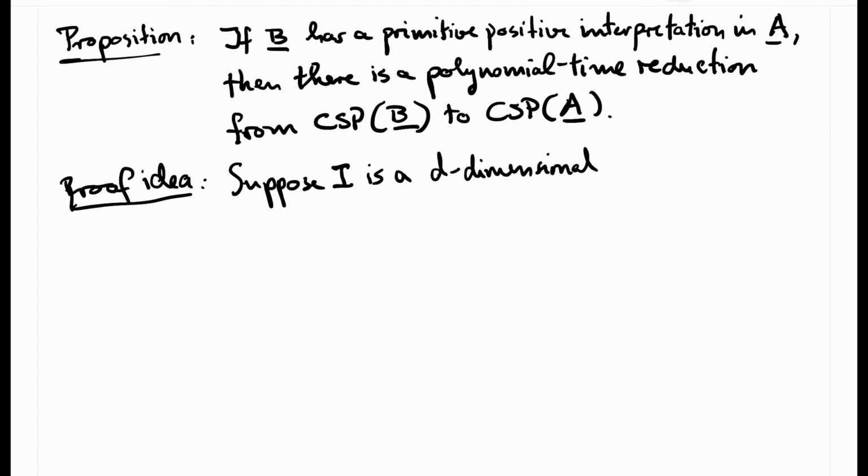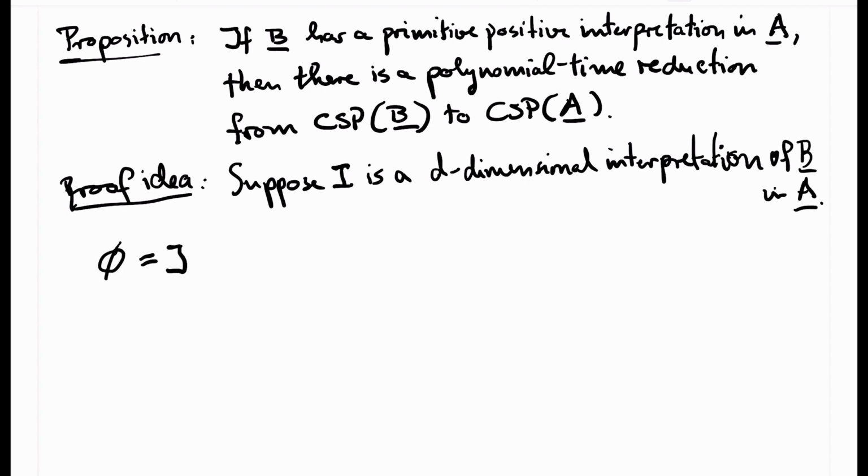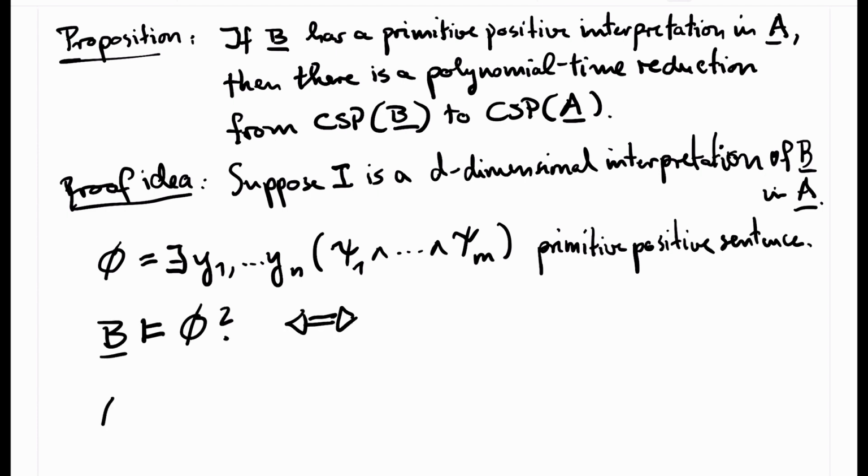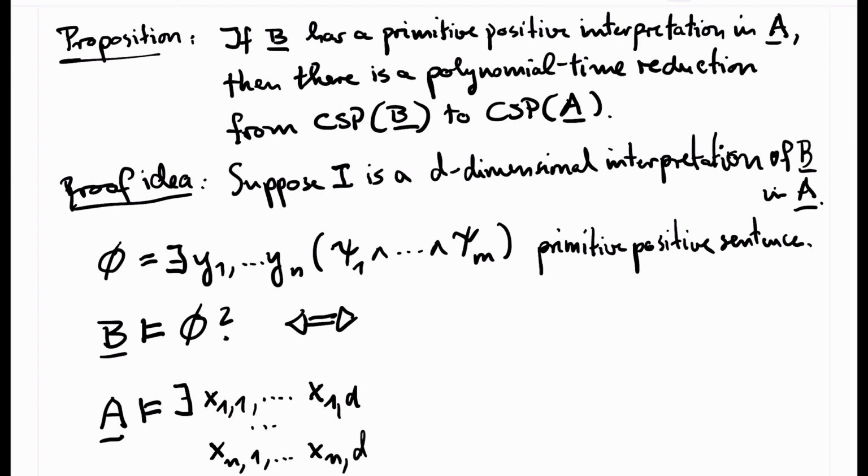We may view an input instance of CSP(B) as a primitive positive sentence phi. To answer whether B satisfies phi, we translate phi into a sentence over the signature of A. To do this, we simulate each variable y of phi by d new variables x1 up to xd. So if phi has n variables, we need d times n variables, which I call x11 up to xnd.